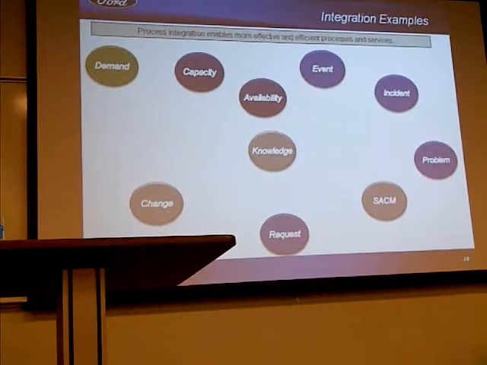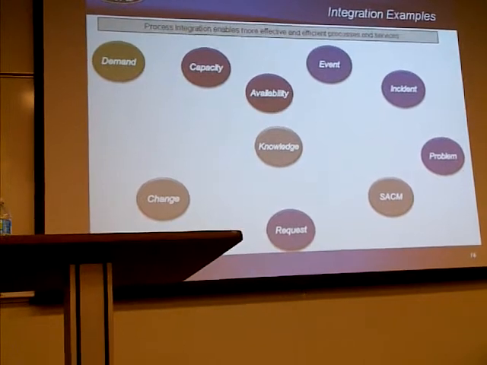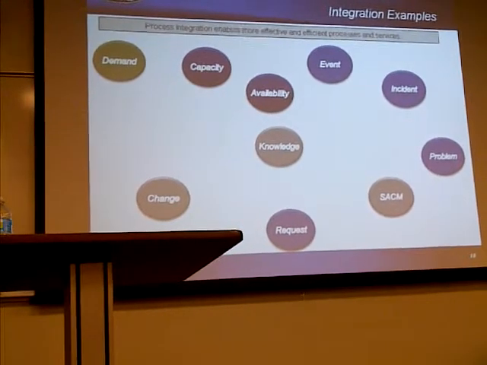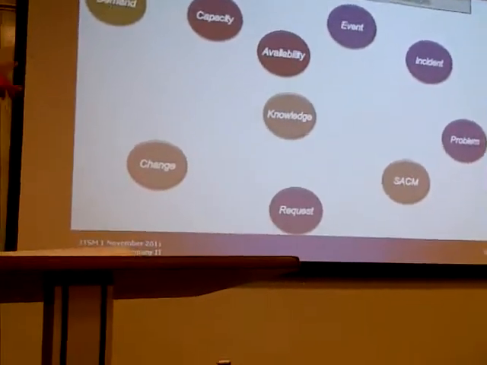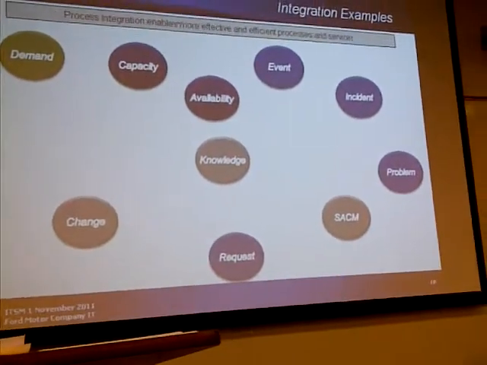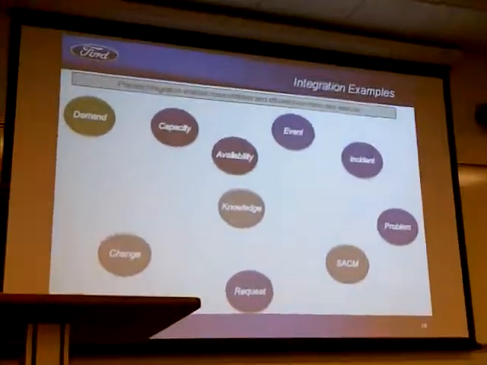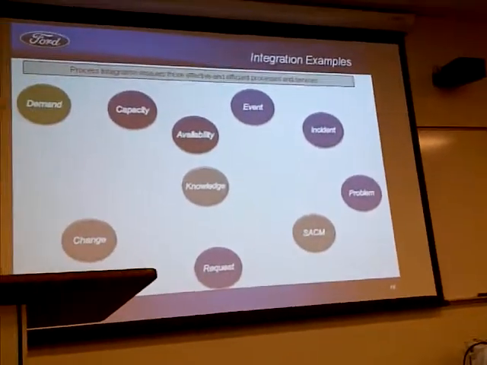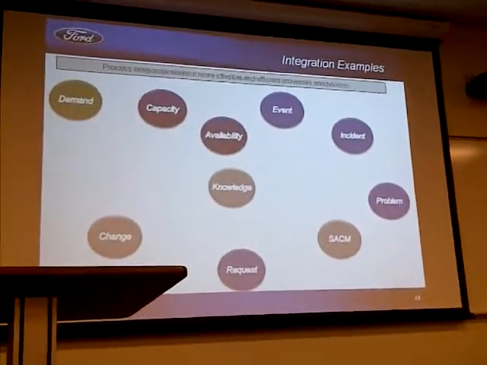So we'll start, by the way, the processes in green are strategy processes. Design would be the darker blue, capacity and availability. Transition would be the gray bubbles there, and then operation processes are the blue color along the edges here.